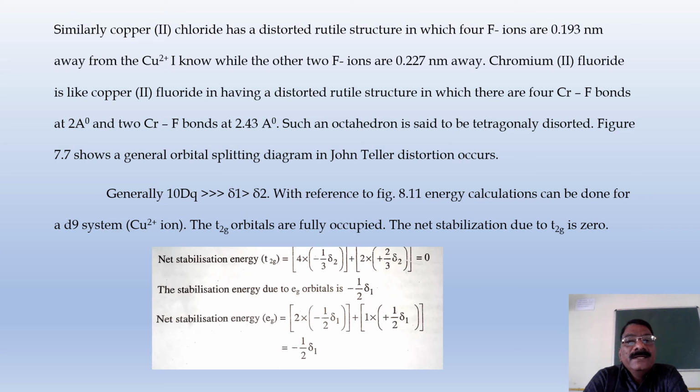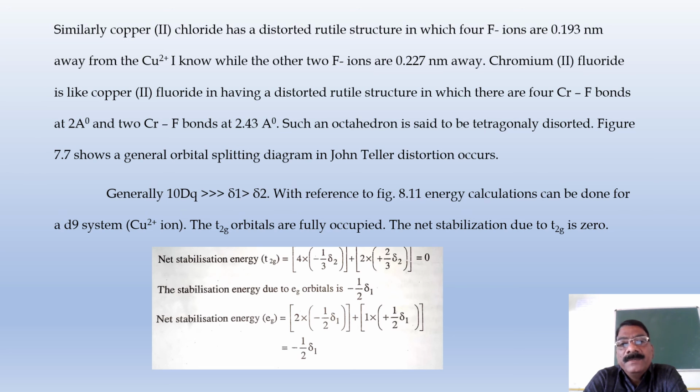In the figure, the general orbital splitting diagram in Jahn-Teller distortion is shown. Generally, 10 Dq is much greater than delta 1, and delta 1 is greater than delta 2. With reference to the above figure, energy calculations can be done for the d9 system, the copper second ion.